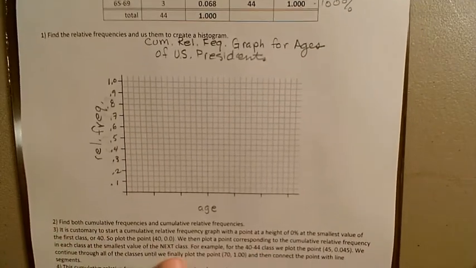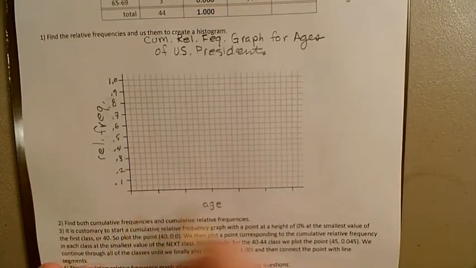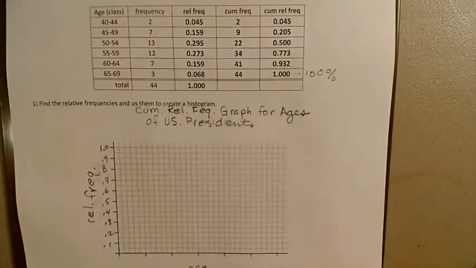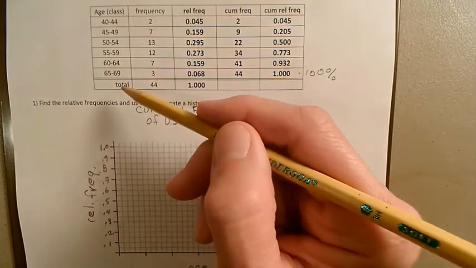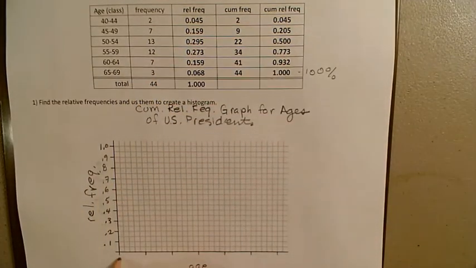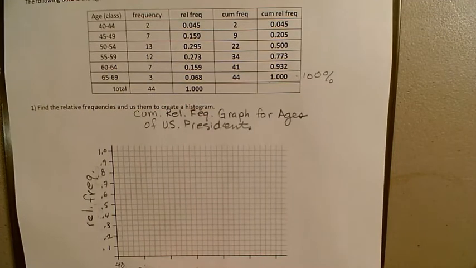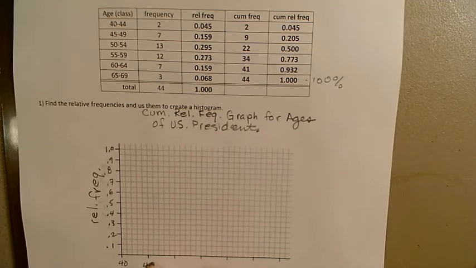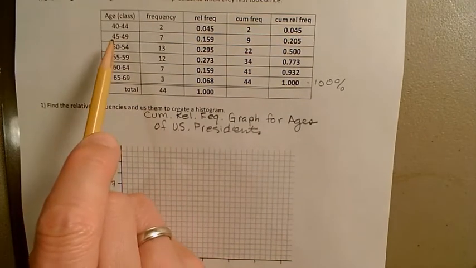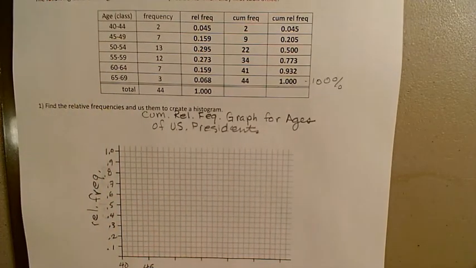All right, so how do we graph these? Let's do our scale here too. We're going to use the same classes here. So this will be 40, and then don't go to 44. Go to the beginning of the next class, which would be 45, right? So 40, 45, 50, 55, 60, 65, and then 70.